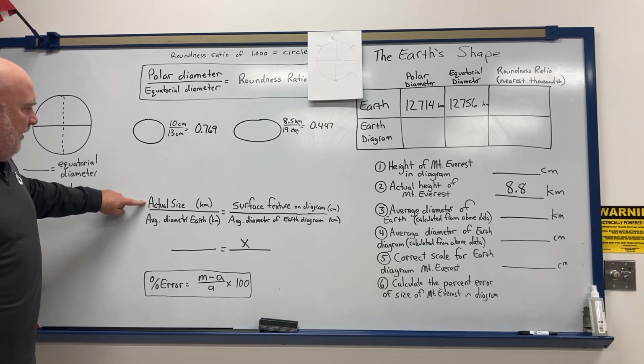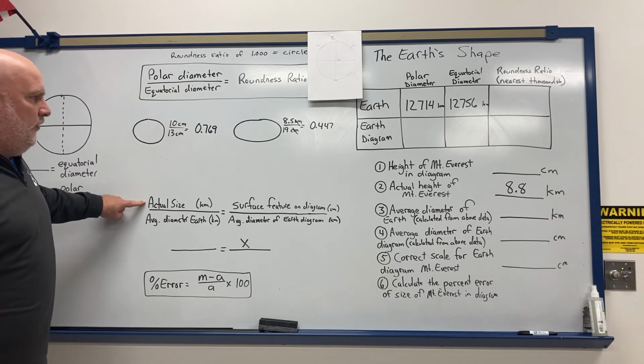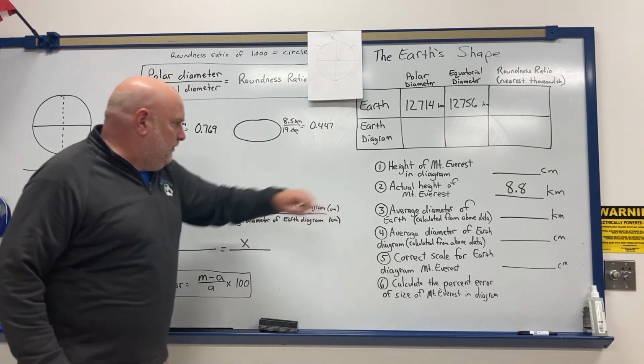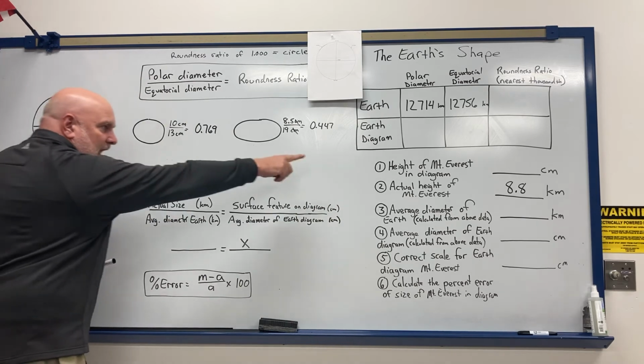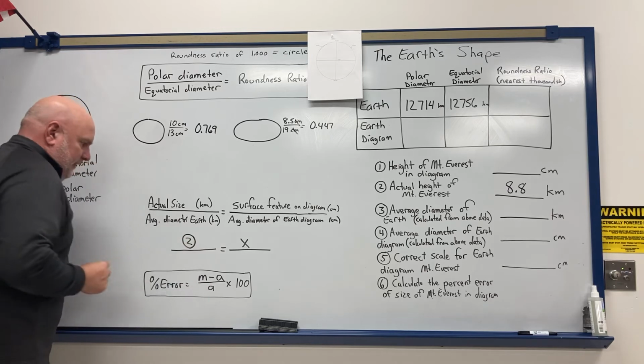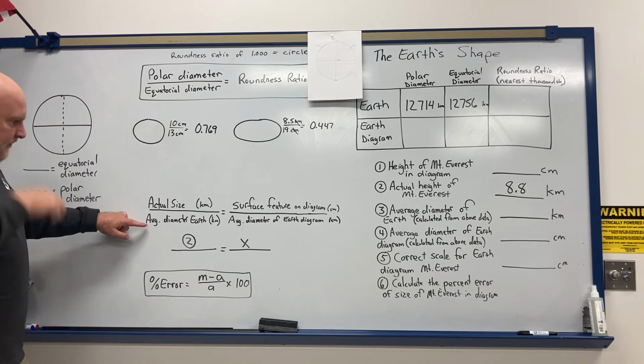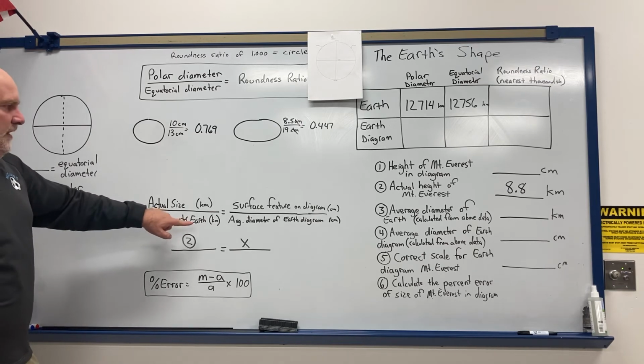Actual size of the surface feature. That's going to be the actual size of Mount Everest, so that's the number from line 2. The number you have on line 2 is what you're going to put on that blank. Next, it says average diameter of the Earth.